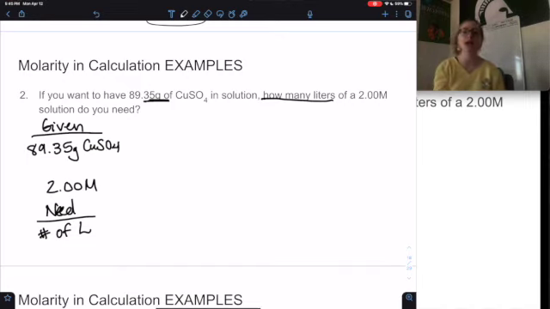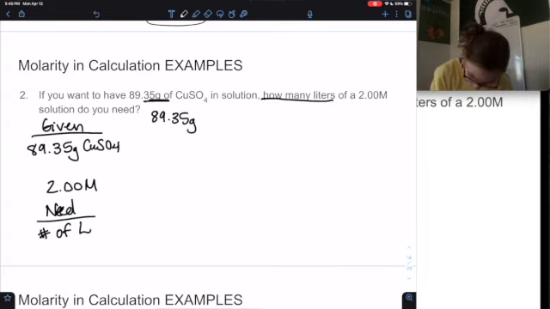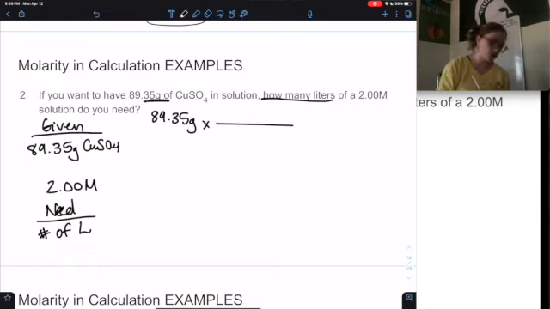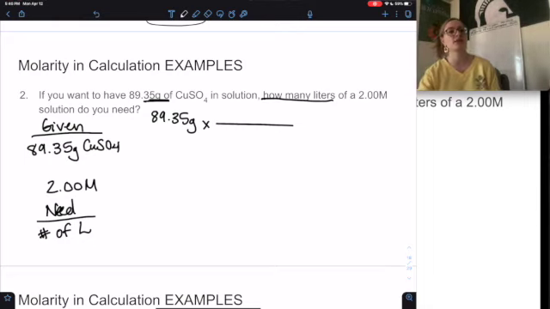So I'm going to go to the periodic table, figure out that formula mass, and then use that to convert. So if I have 89.35 grams of CuSO4, what I'm going to do is add up the mass for copper, for sulfur, and for 4 oxygens.